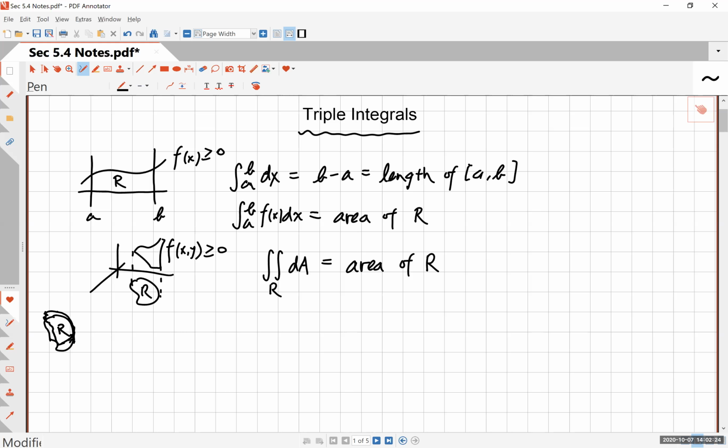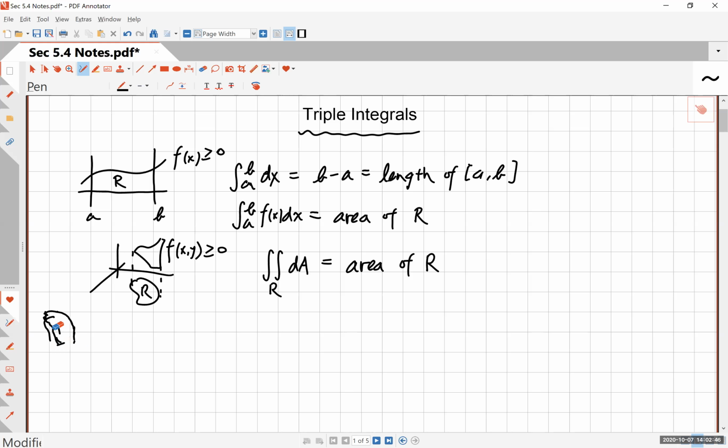If you have R cross 1, in other words, R cross the interval 0 to 1, this just becomes a solid of height 1 over the region R, and of course the volume of that in cubic units will be the same as the area of R in square units, right?